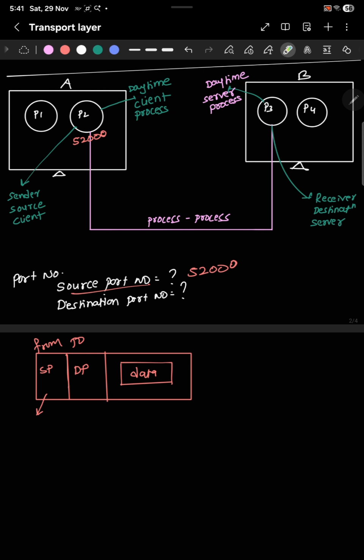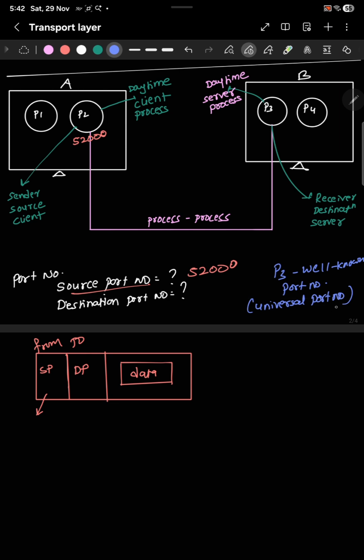Now the solution is, you just give a well-known port number. For P3 I will give a well-known port number, which means a universal port number.